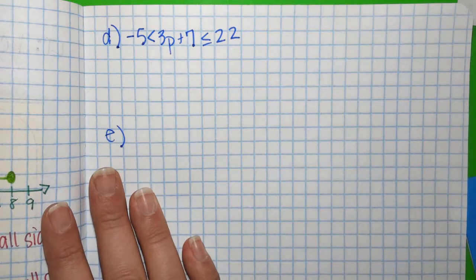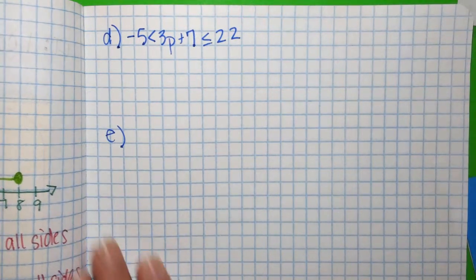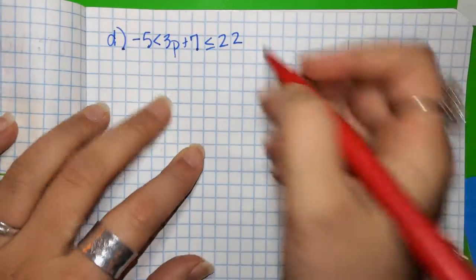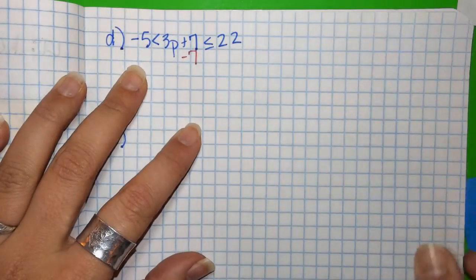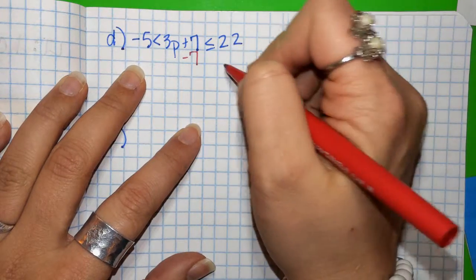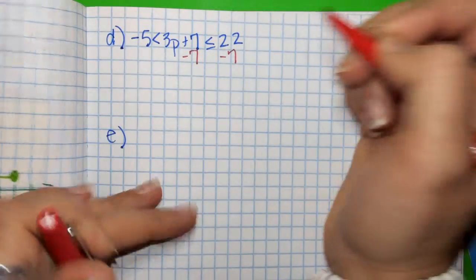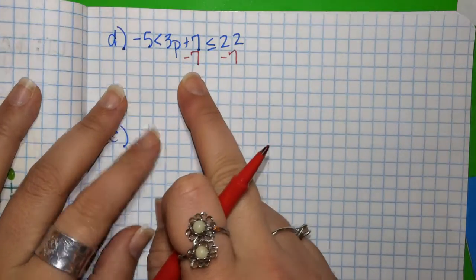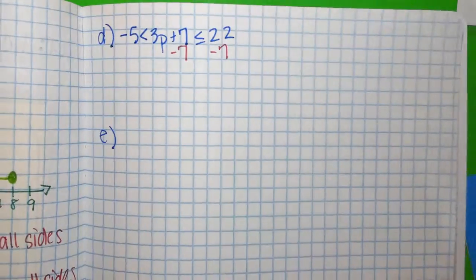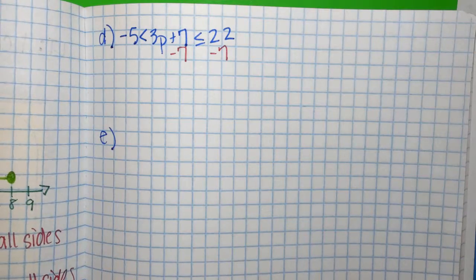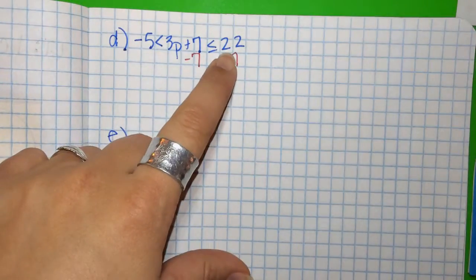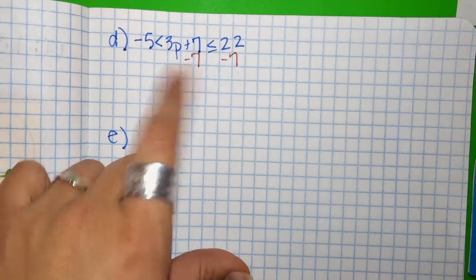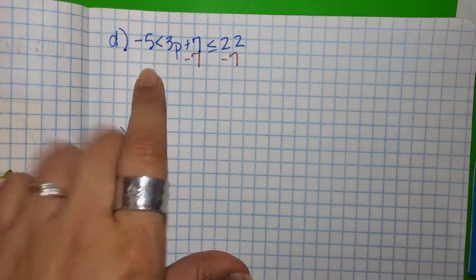Troy, can you tell us what you did first on D? Yeah, you subtract 7. Minus 7 first, and then minus 22. Okay, and then? You subtract negative, or plus 5. No, you just subtract them all on every single side. So if you subtracted 7 from 22, where else should you subtract 7? From the negative 5.